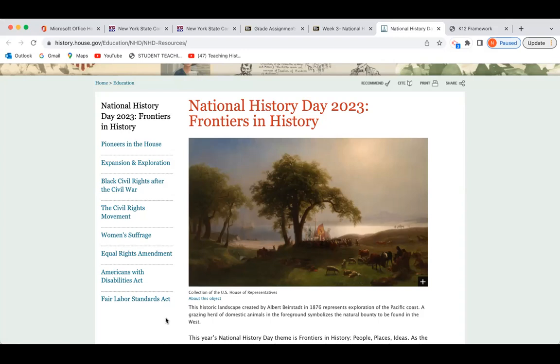Then my students decided that it would be neat to do the same thing for the global framework, to go through and try on their own to come up with different topics that you could take from a global history perspective.